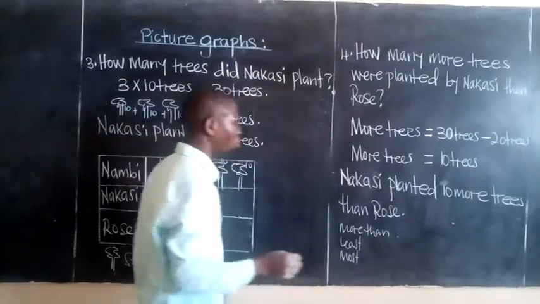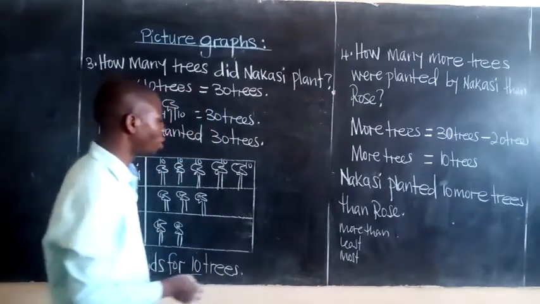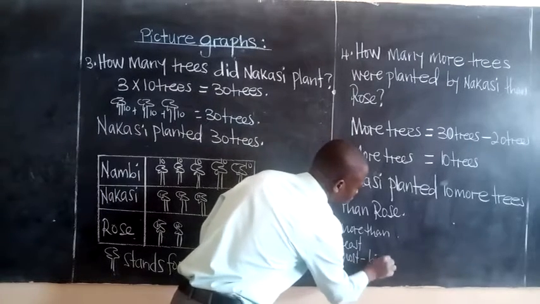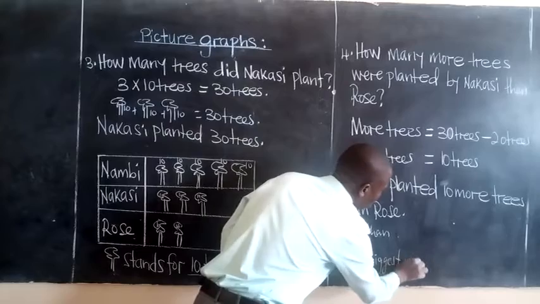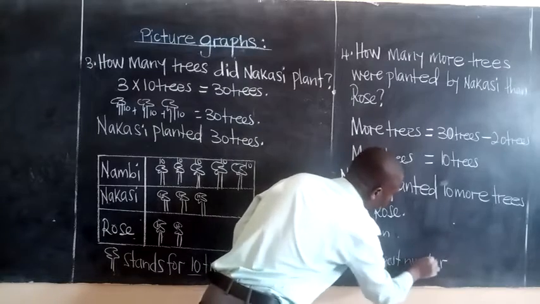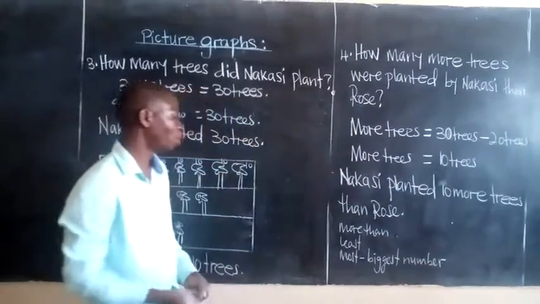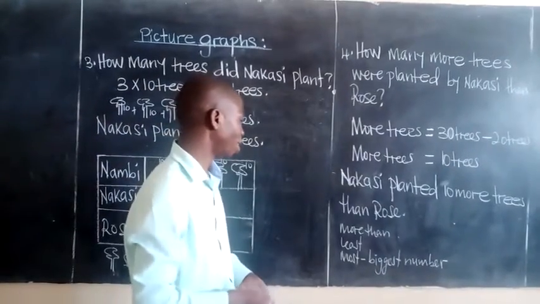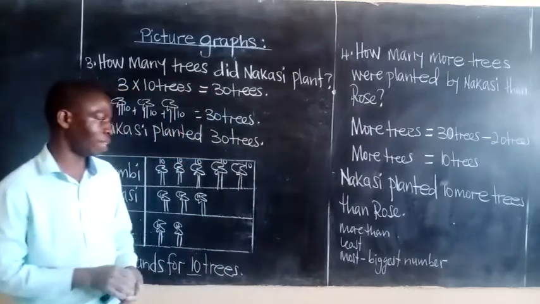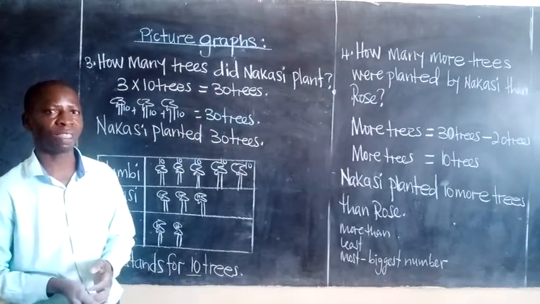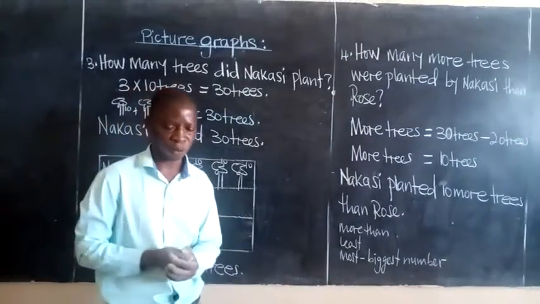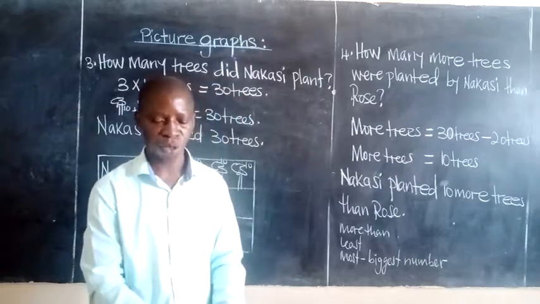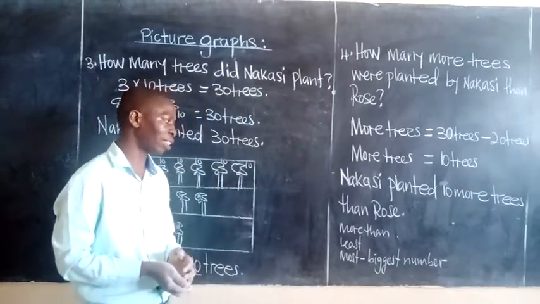Who planted the most trees? Most, that means the biggest number, like what I told you, biggest number, or they may say highest number, or greatest number. They carry the same meaning. Those words are very important. You should take special note of them. In any case, if they give you any of those words, please make sure that you are able to answer.